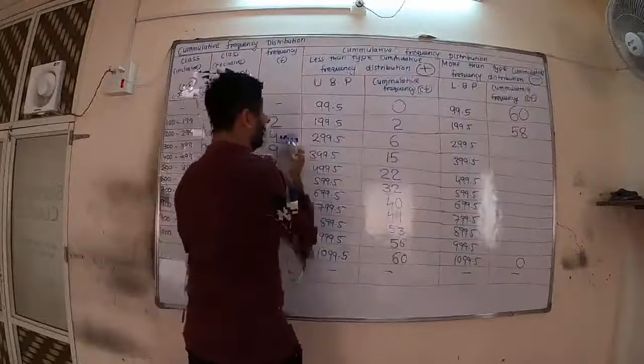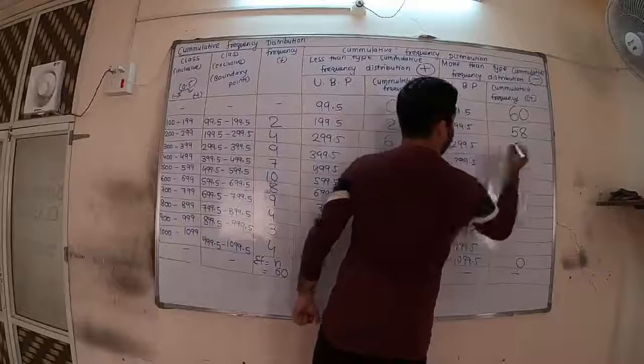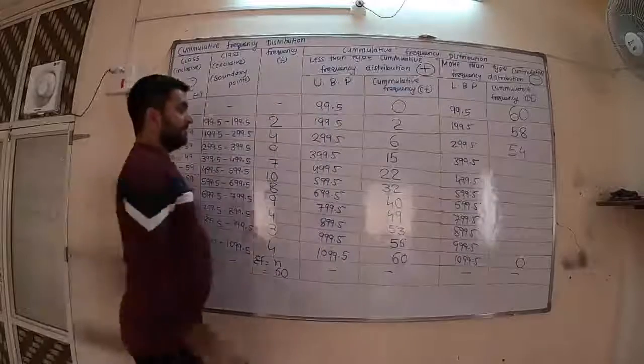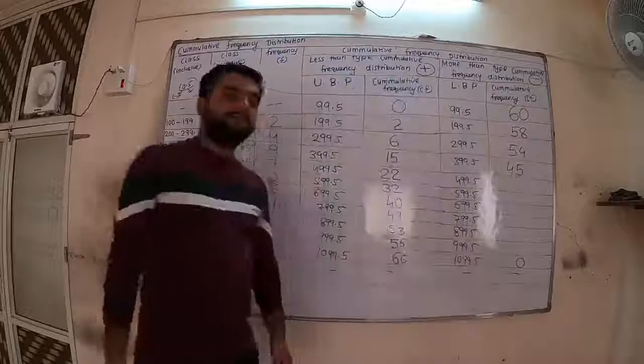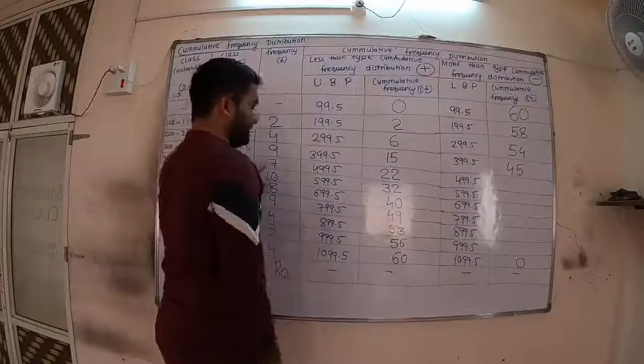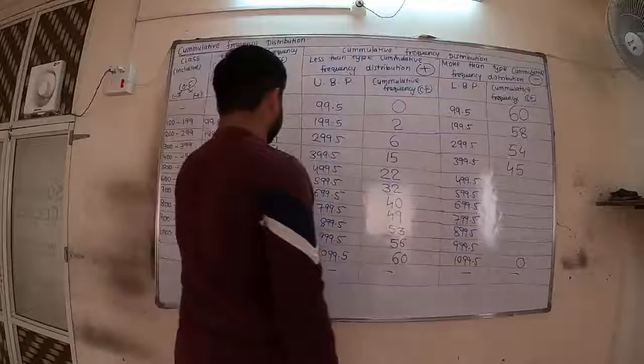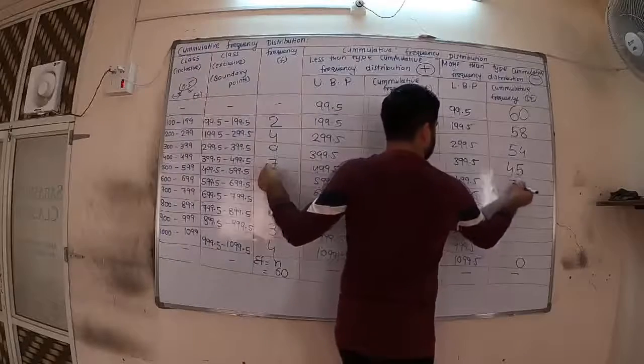58 minus 4 is 54. Then 54 minus 9 is 45. Then 45 minus 7 is 38.